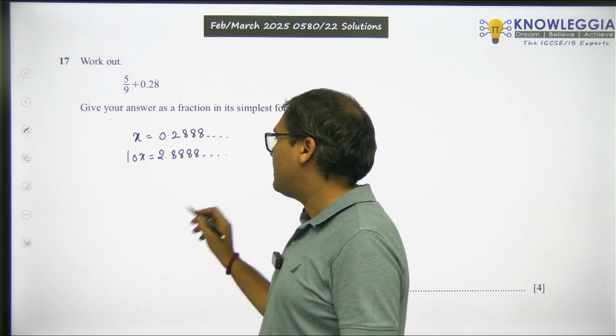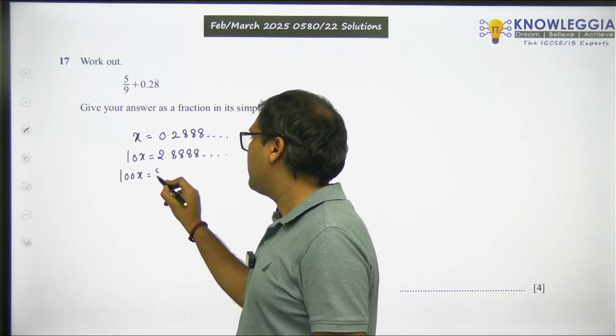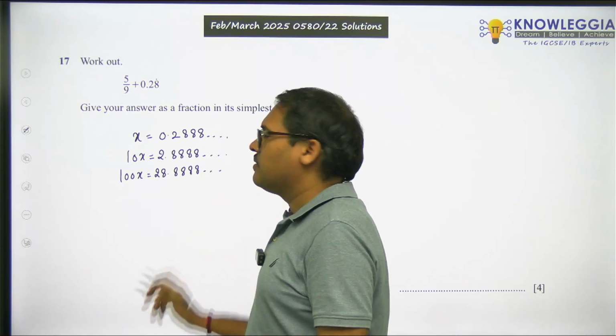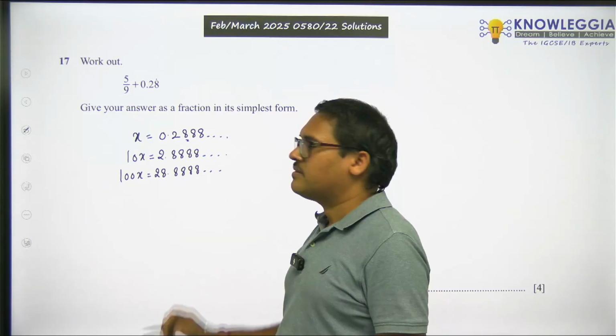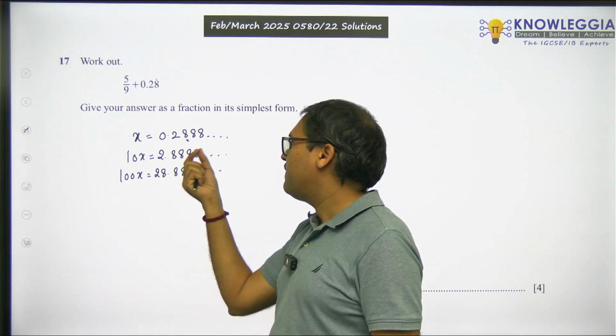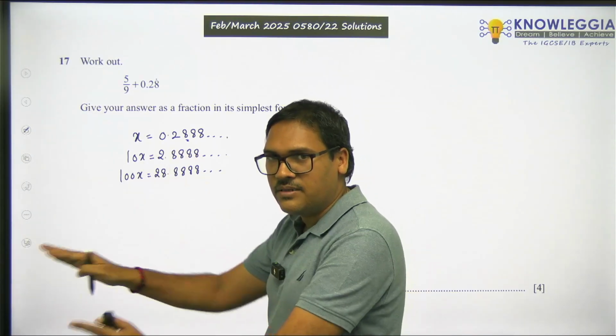Now again, if you multiply with 10, this will become 28.888. What you can do is multiply so that the repetitive term, the recurring term, shifts to the left side of the decimal.